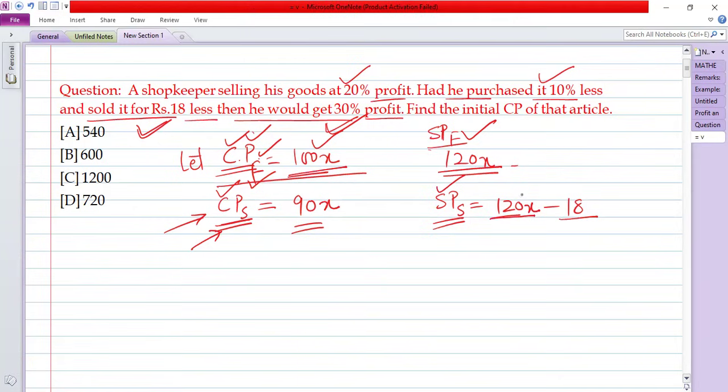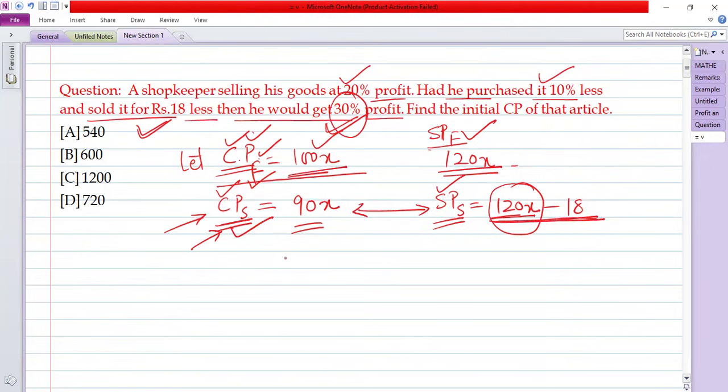Now even this is in number, so now we can subtract, and everything is okay. If he has sold it for rupees 18 less and purchased it for 10% less, he would have got 30% profit.